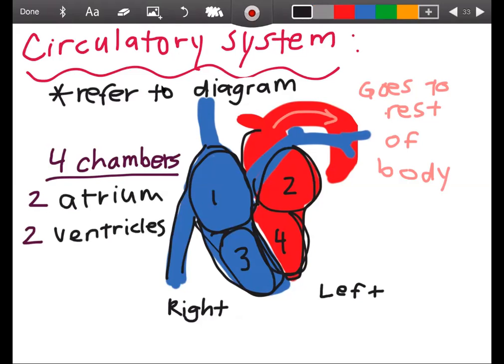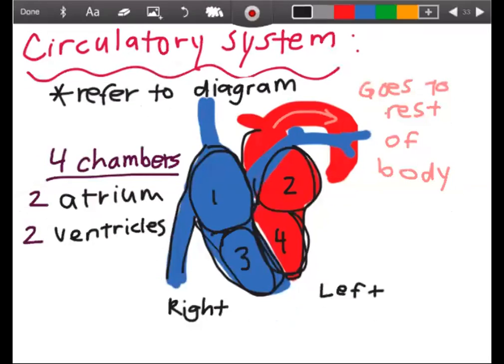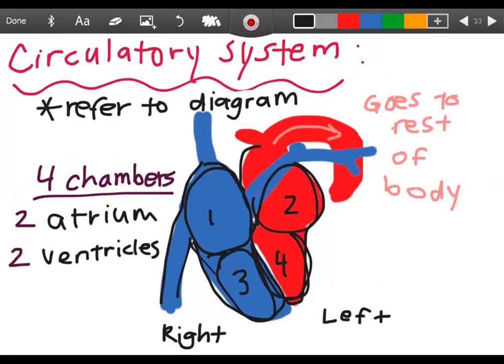Blood is going to come into the atrium and it's going to be pumped out of the ventricles. Actually, I'm going to pull up a diagram of the heart that's a little bit clearer than the one that I drew. I tried my best, but I want to make sure that it's really clear to see.